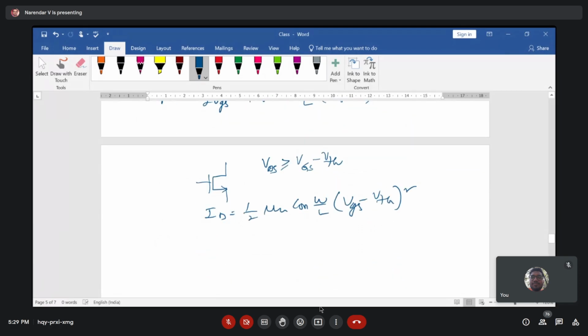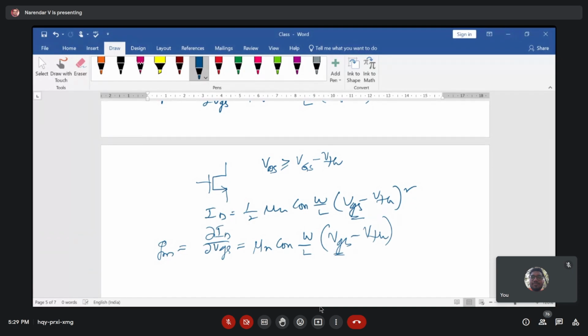Above that, you have current in your transistor, and if you want to see the change in the current with respect to the change in the voltage, which is del ID by del VGS, referred to as GM, you differentiate with respect to VGS. The square gives a 2, and 2 times the half gets cancelled out, which gives mu n COX W by L (VGS minus VTH), right?